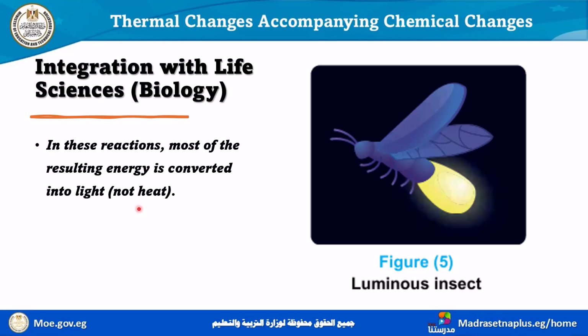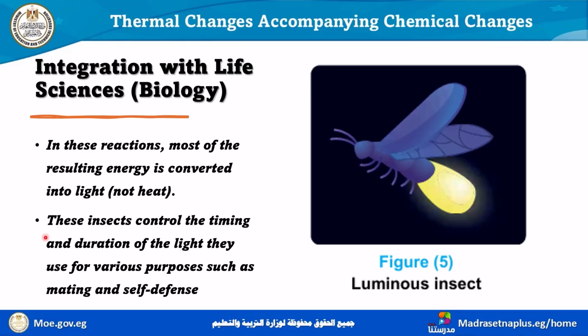These insects control the timing and duration of the light they use for various purposes like mating and self-defense. So this is one of the wonderful phenomena in some insects in which this reaction takes place.